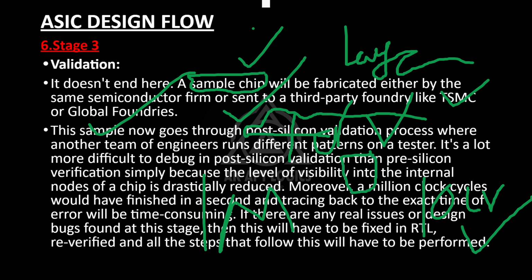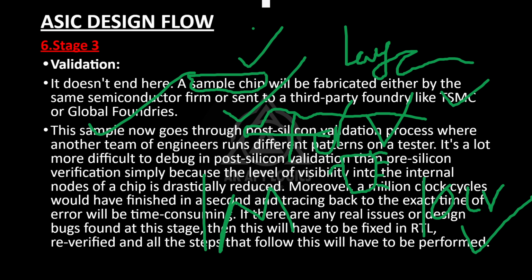We are going to test that particular chip physically, right? Testing results will be more accurate than pre-silicon verification. That is obvious, right? If you have a device practically, testing that device practically gives you more accurate results than testing it in software.